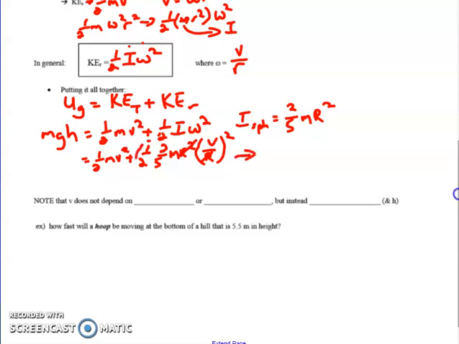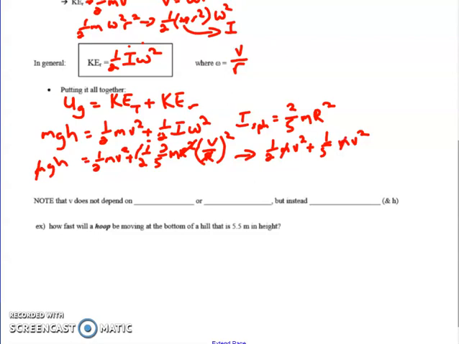Let me run out of space here. I have mgh, that's still over there, equals 1/2 mv squared plus 1/5 mv squared. I still have the mgh here. The m's cancel, not a surprise, it shouldn't matter.